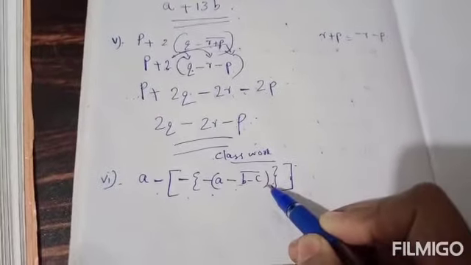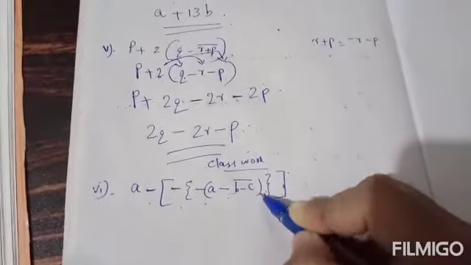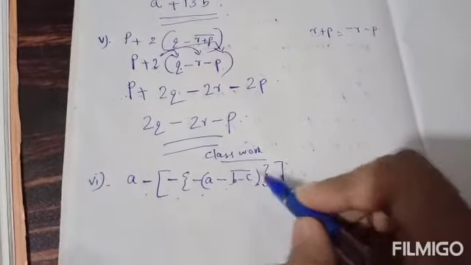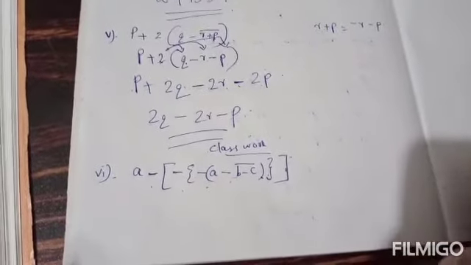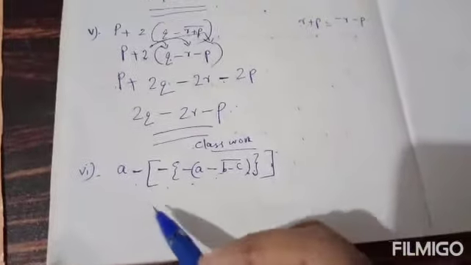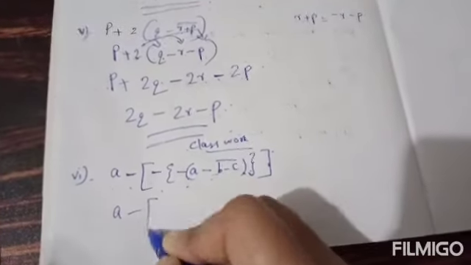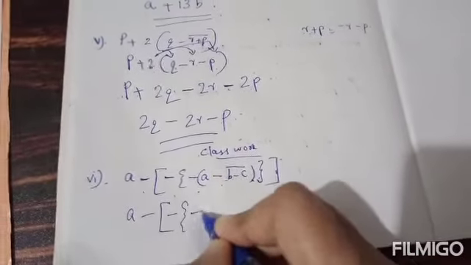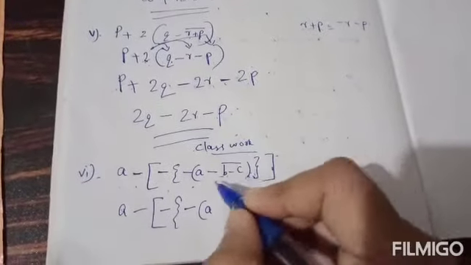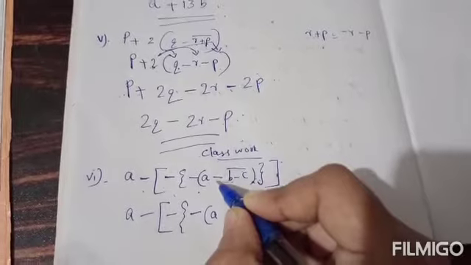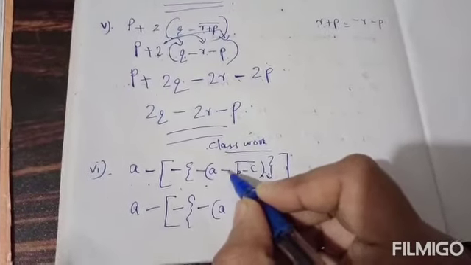Next you have to open small brackets. Okay, after that curly brackets, then square bracket. Okay, so a minus a, then opening bar brackets. Before this bar bracket it is minus sign.